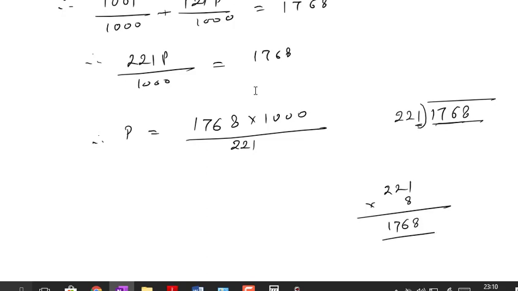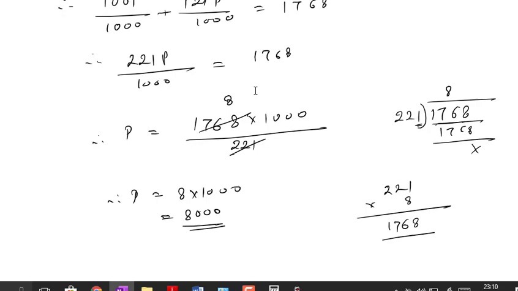So I write 8, 221 into 8 is 1768, it will cancel. Therefore the value of P is 8 into 1000, which gives me 8000 as a result.